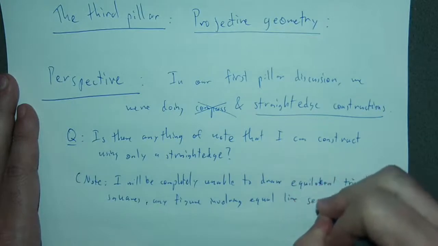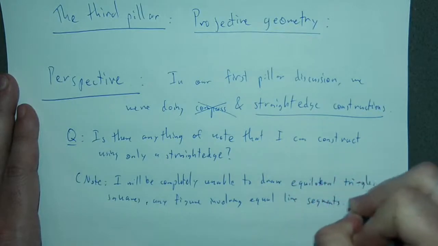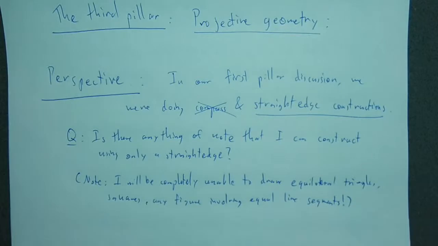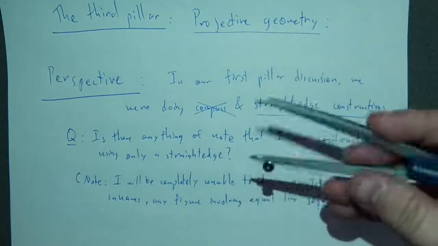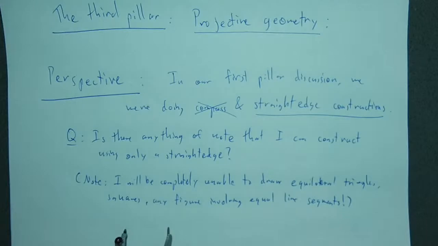Why? Well, because the compass is what's used to transfer lengths. The compass is what's used to measure lengths. And without this ability to compare lengths, how could I say that two lengths drawn are comparable? I can't, because this straight edge is not a measuring tool. I can only draw stuff with it. I can't actually measure.